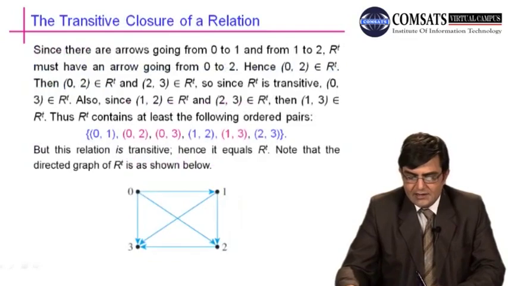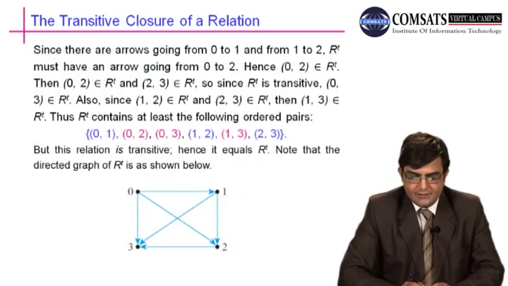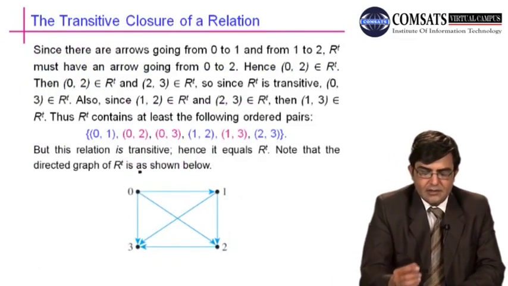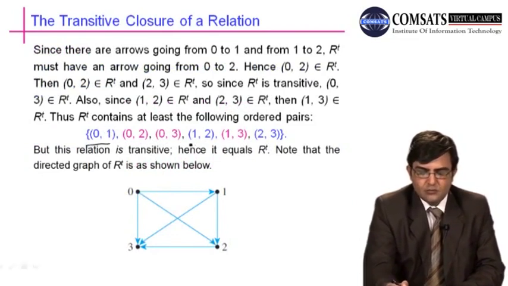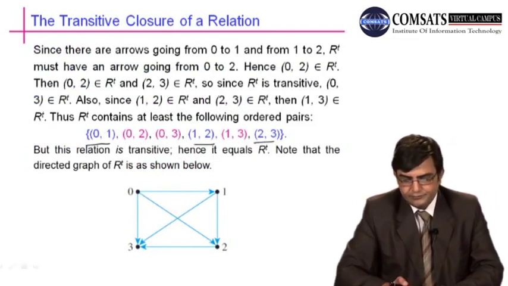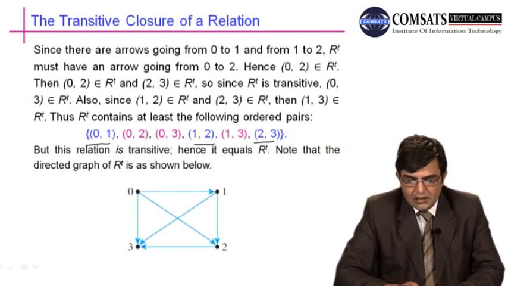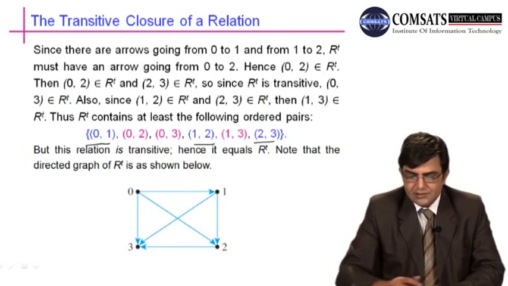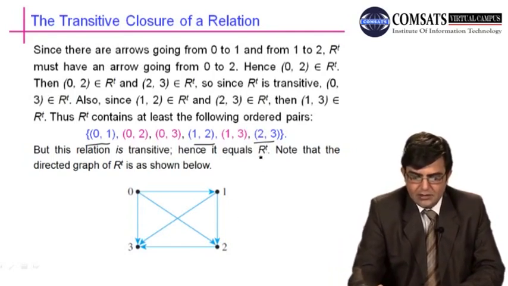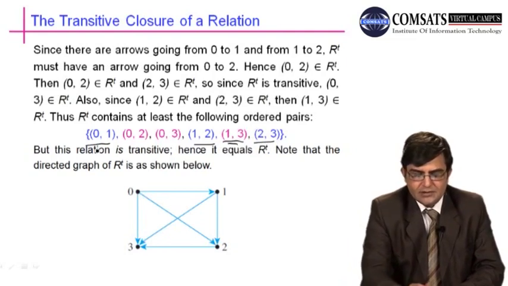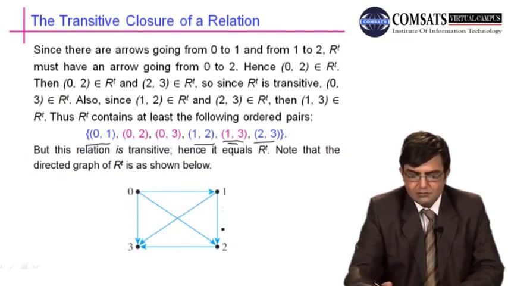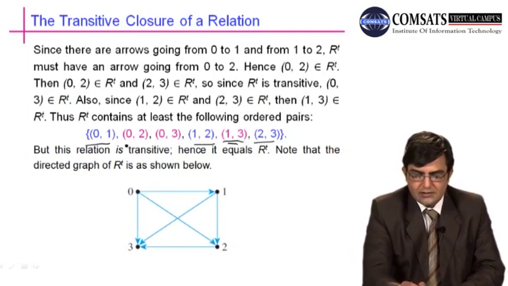So now this relation becomes a transitive relation if we add the ordered pairs 0 to 2, 0 to 3, and 1 to 3.